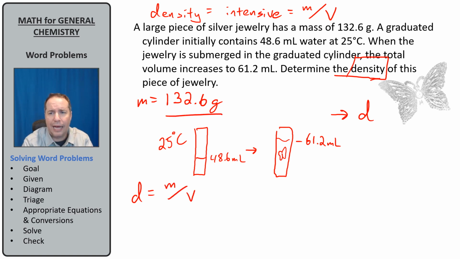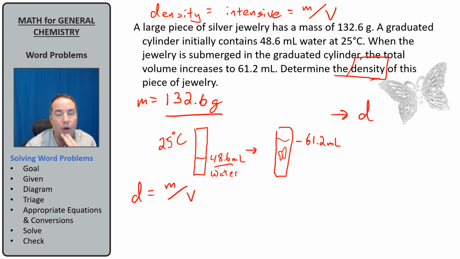Well, I have a mass, but notice I have 2 volumes. And this is where the diagram helps out. Which volume do I use? Well, what is this a volume of? This is a volume of just water.